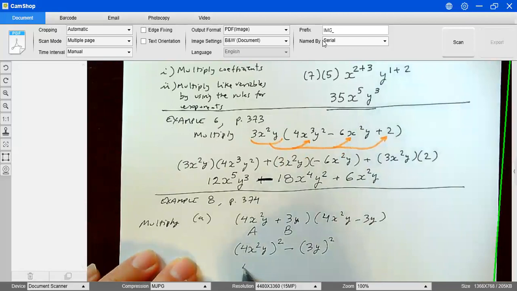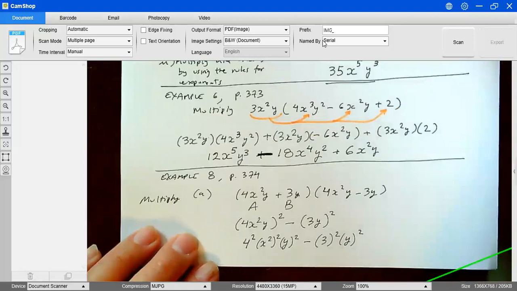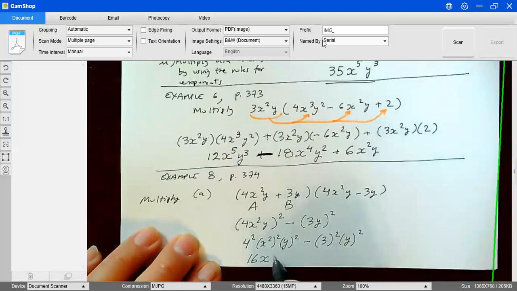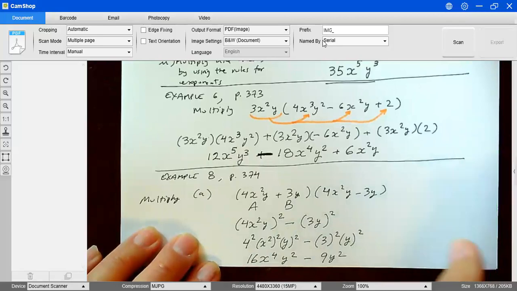So this is 4 squared. Then we have x squared and y squared minus 3 squared and y squared. So finally, we're going to have 16x to the 4 y squared minus 9y squared. So that's part A.